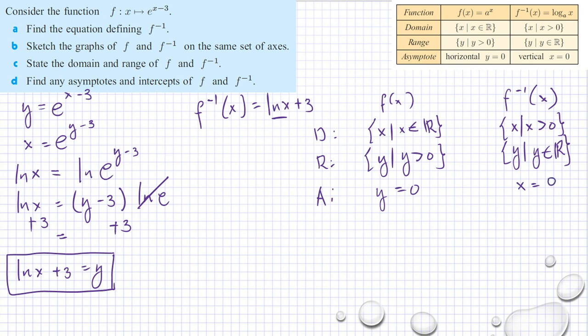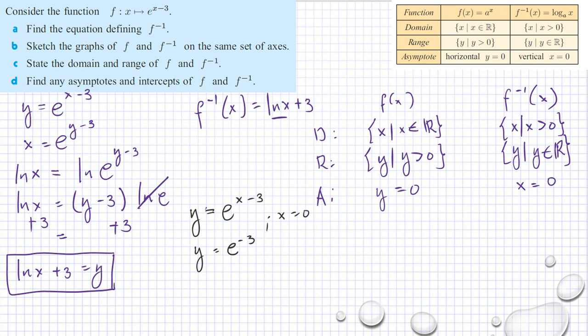Now we're looking for the intercepts. For the green one, what will be y when x is equal to 0? y is equal to e raised to x minus 3 when x is 0, so y is equal to e raised to negative 3.